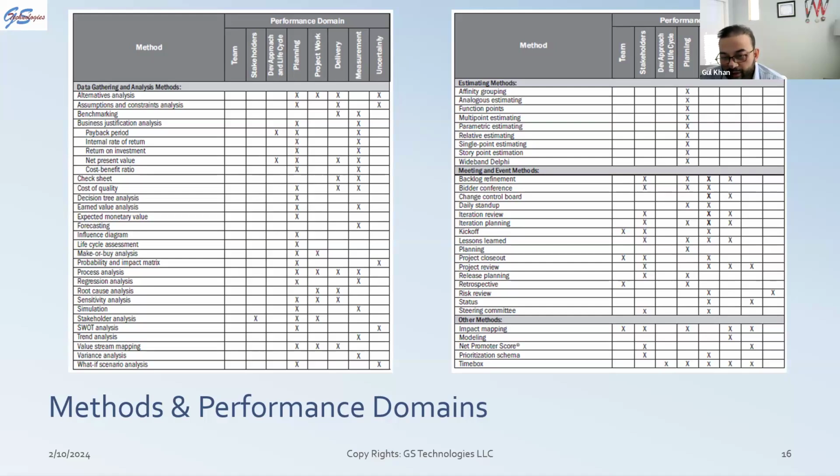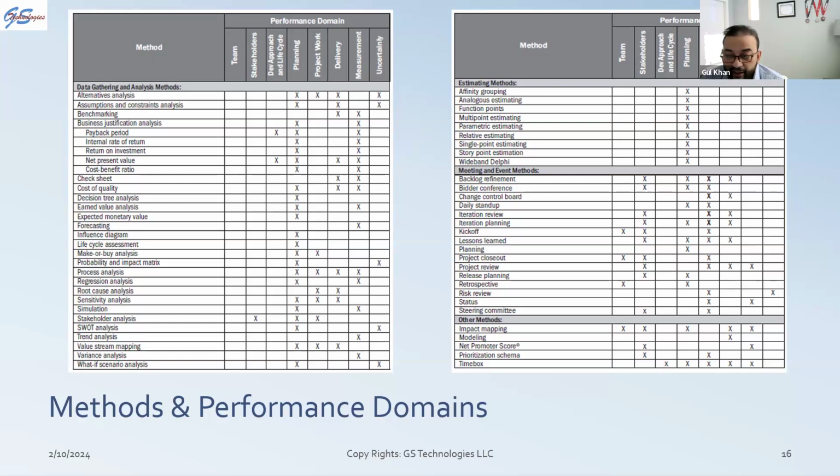That is more accurate, but it's more time consuming. It takes more time to plan, and it does not have any room for uncertainties. Remember, one of the performance domains is uncertainty. So the ground up does not have that much.